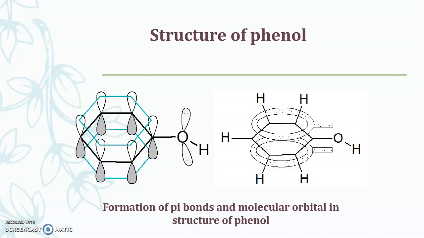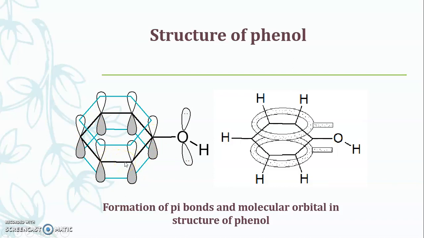Also, we know that in this structure of phenol there are 3 double bonds present. So how are these 3 double bonds formed? Here you can see, this is your sigma bond. All these 6 sigma bonds are present within the benzene ring.